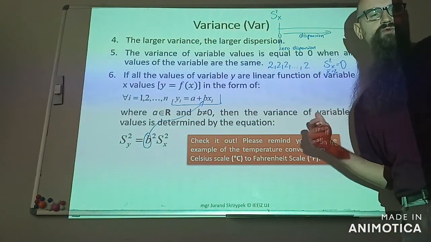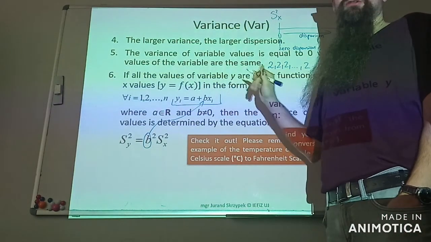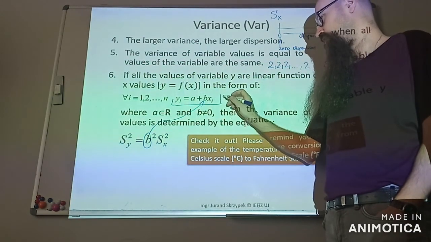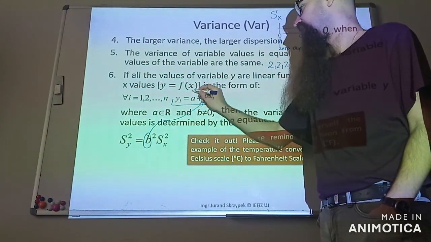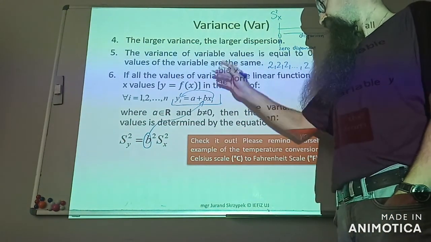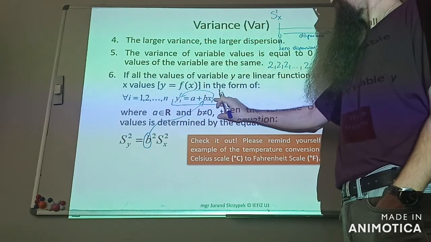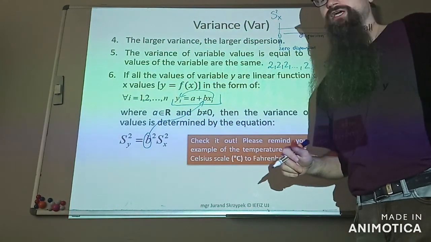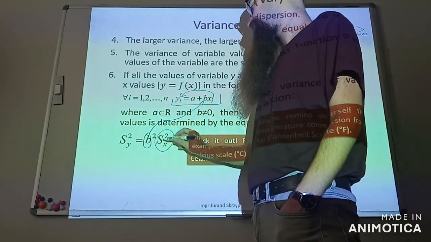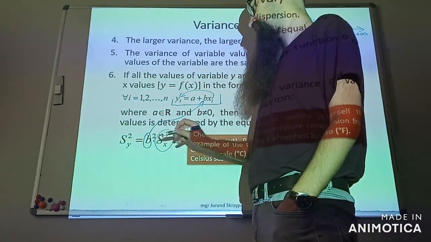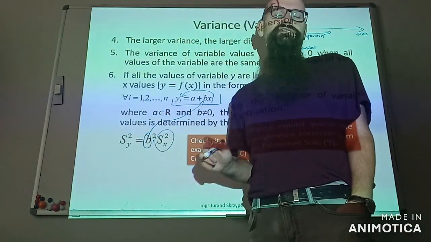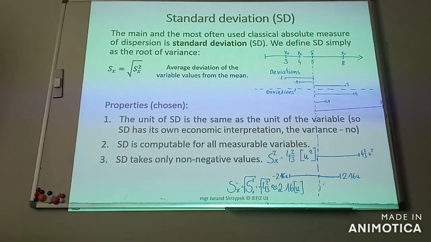When we know this linear relationship, we don't have to transform every x value into a y value and compute both the variance of x and the variance of y. It's enough to compute the variance of x and multiply it by the squared b parameter, and we will receive the variance of y.